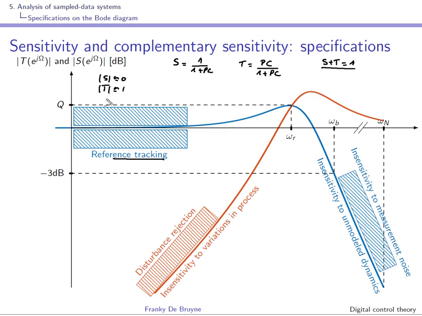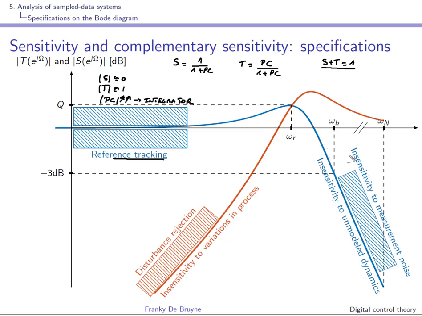And this needed a modulus of PC that is high, so a high loop gain in the low frequency range. So this means an integrator in the loop is a good thing.